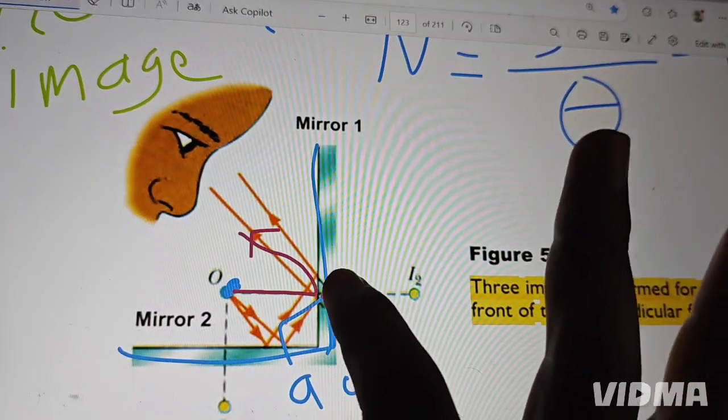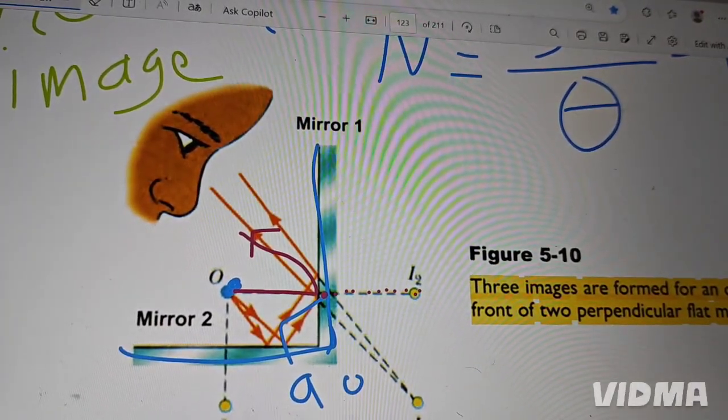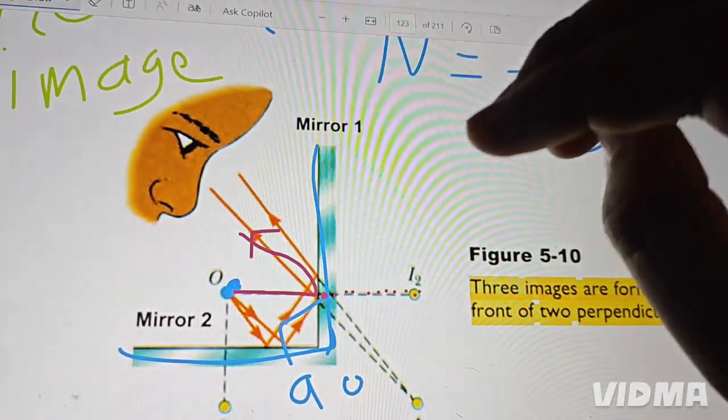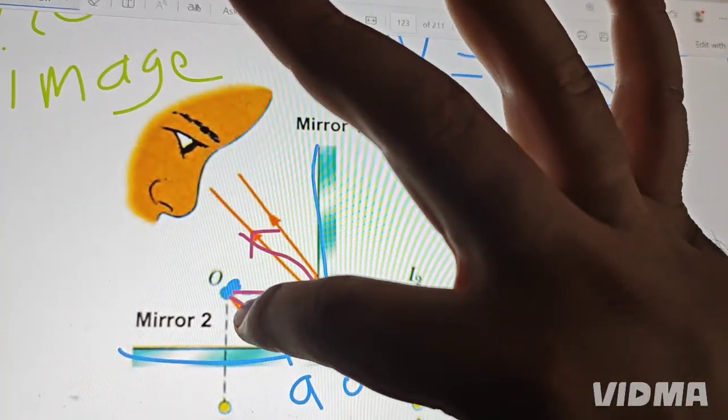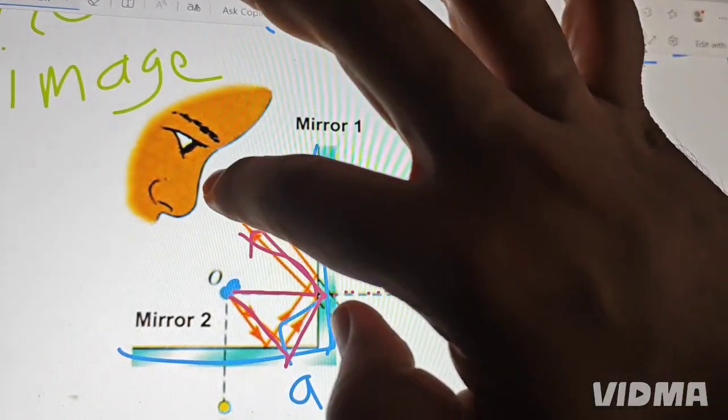As I told you, extend this, make this long line. After that, we have another light that comes out in that direction, then is reflected in that direction, then in that direction.